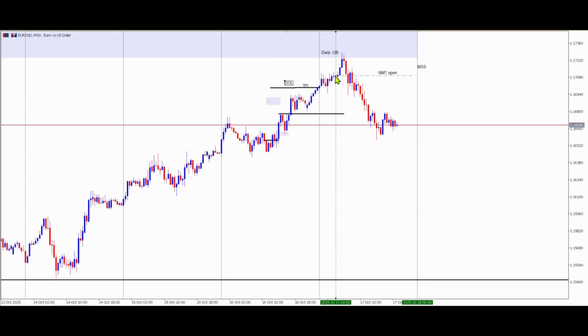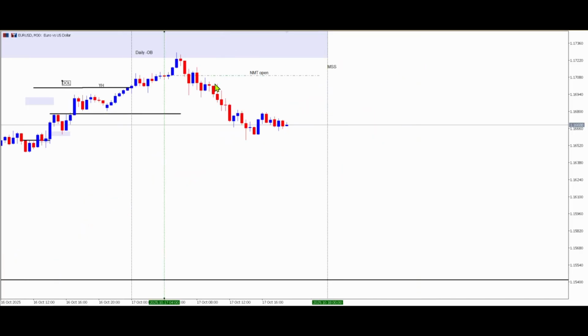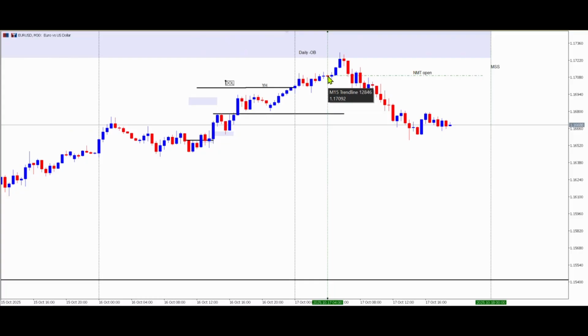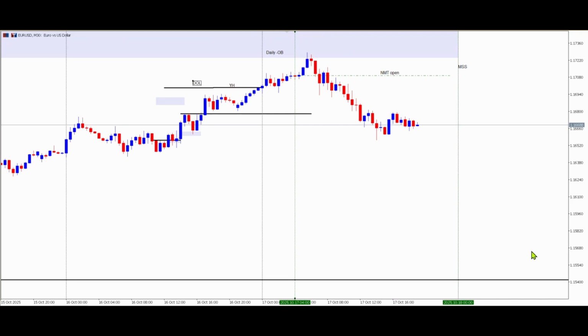This small red candle, down close candle, is our New York midnight time price level right here. Remember, if we are going to be bearish, we wanna sell above this New York midnight time price level or at New York midnight time price level.